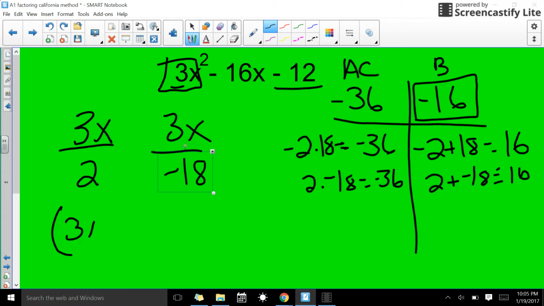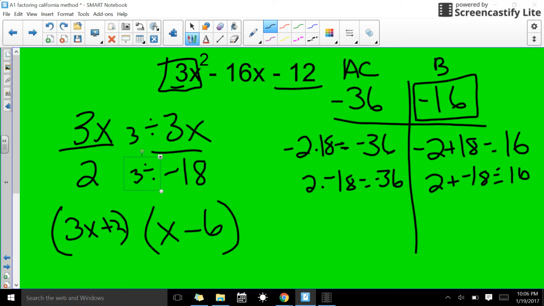I'm going to do 3x plus 2 because it's a positive 2, and I can simplify 3 over negative 18. 3 goes into negative 18 negative 6 times, okay? So if I divide this by 3 and divide this by 3, I end up getting x minus 6. And that's our answer.